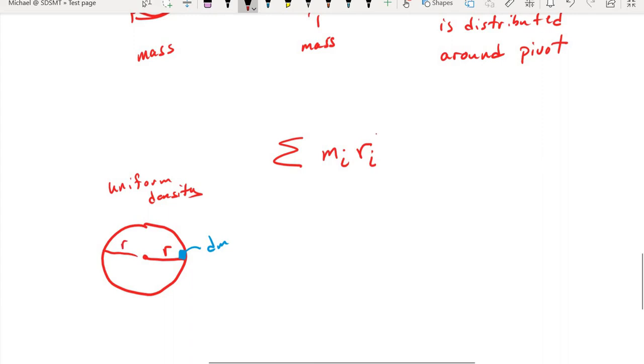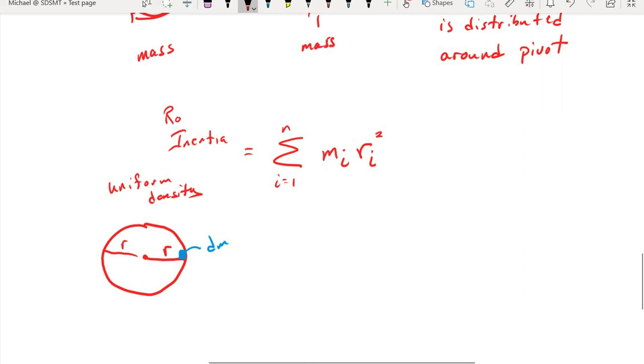So we're going to square the radial value just to make sure that we end up getting a positive outcome. But this is also going to help with the units later on. And this summation is going to produce a new term which we call inertia.